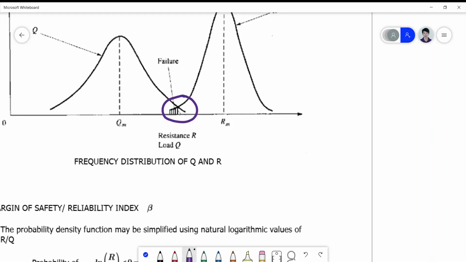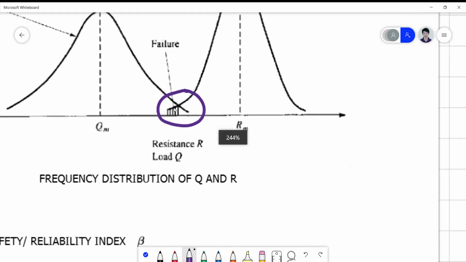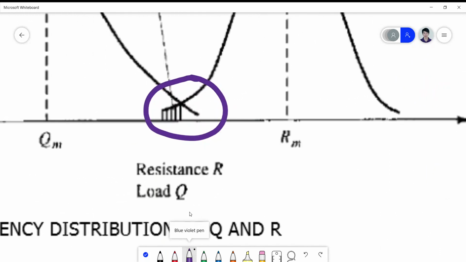And the shaded portion under the intersection of these two curves is the area where your R is actually less than Q, the load. So let's try to figure this out. At this point of intersection, the height of Q and the height of R are equal.